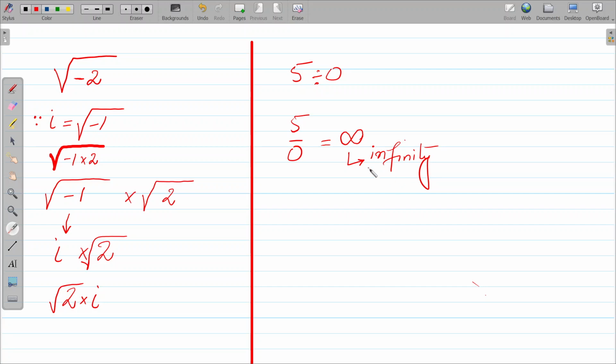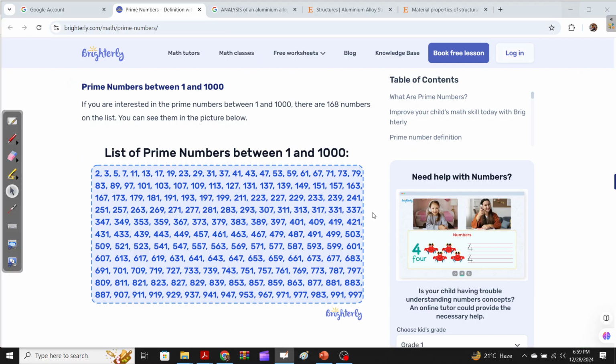So this is the symbol for infinity. Be very careful that this i is represented as iota.